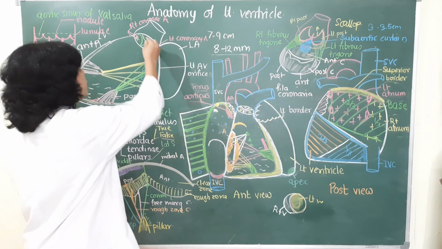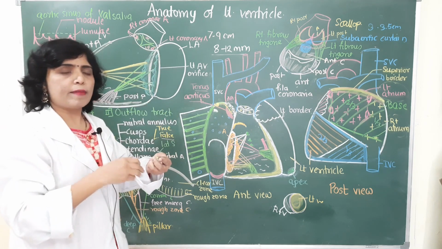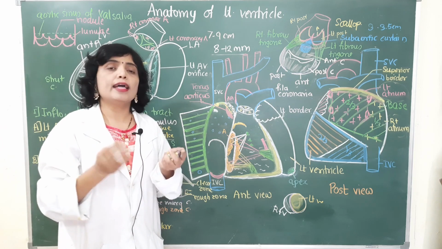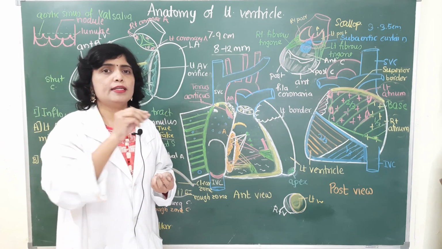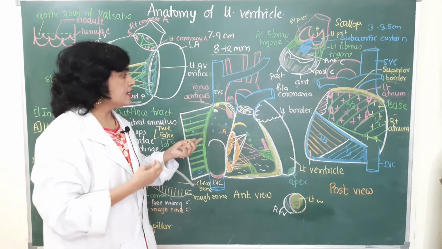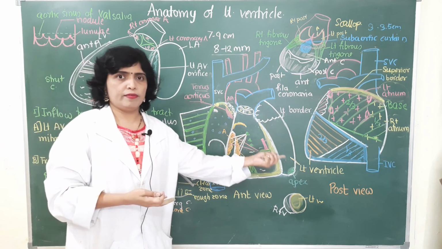When this aortic orifice is closed, it appears like triradiate lines, and when it is open, it assumes the triangular shape. So that is about the interior of the left ventricle.